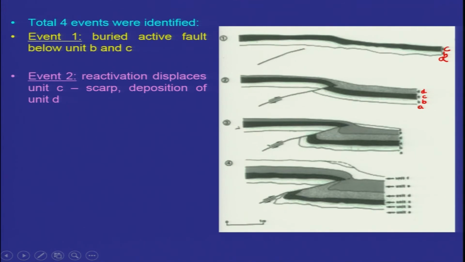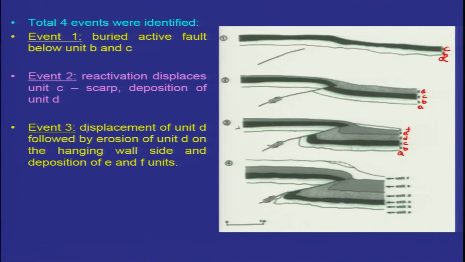The next phase after the faulting covered event 2. Then, as we see here, we have A and B, and C, D, E and F here.